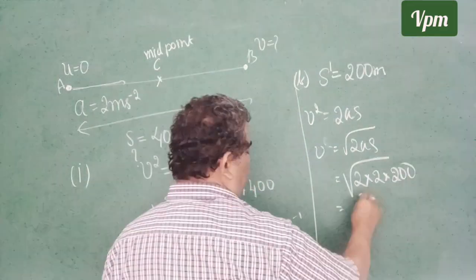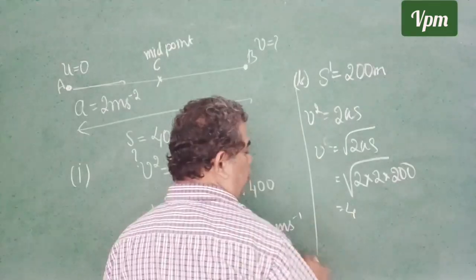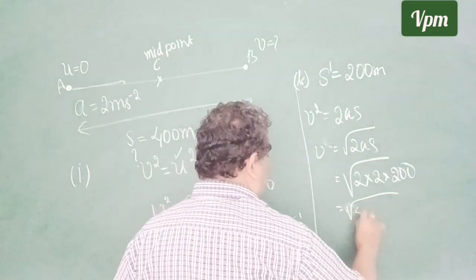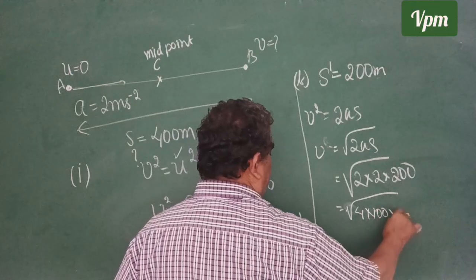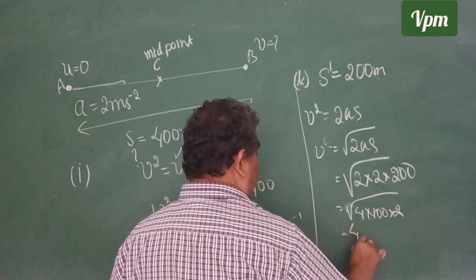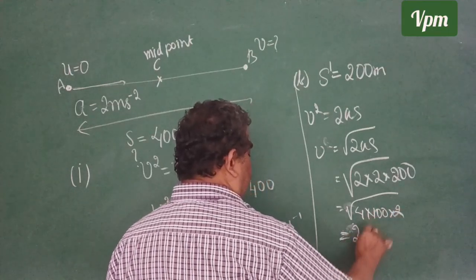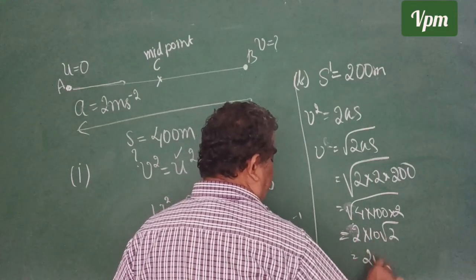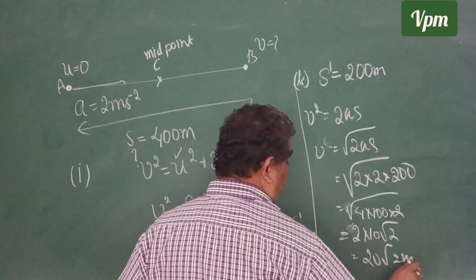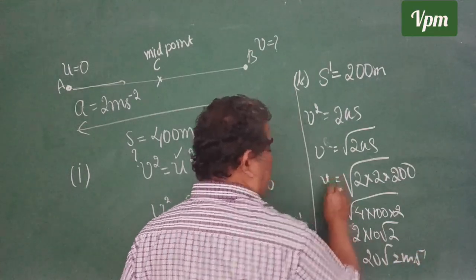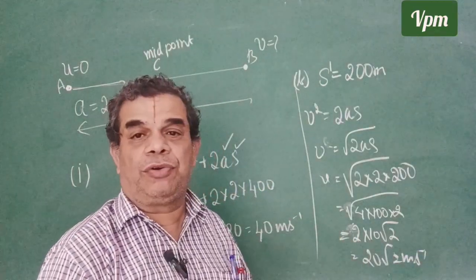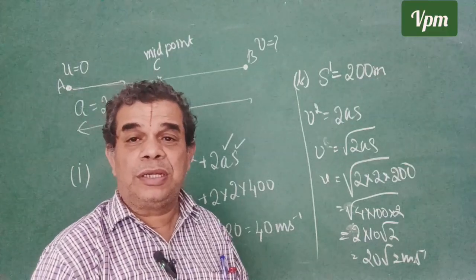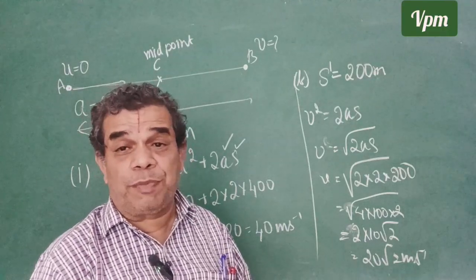So observe, if you want, we can write like this, 4 into 100 into 2. That means 4 square root is 2, 100 square root is 10, root of 2. So 20 root 2 meter per second is the velocity. That's all the problem. This is the simplest one.